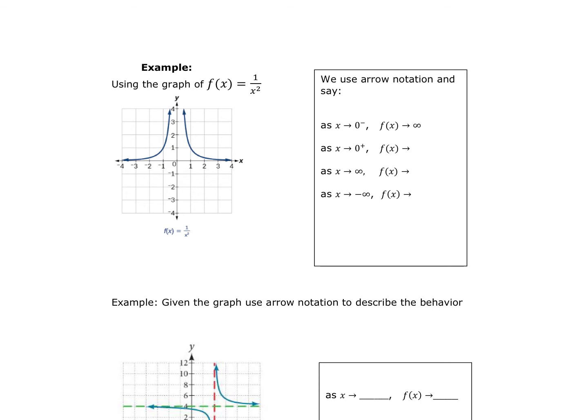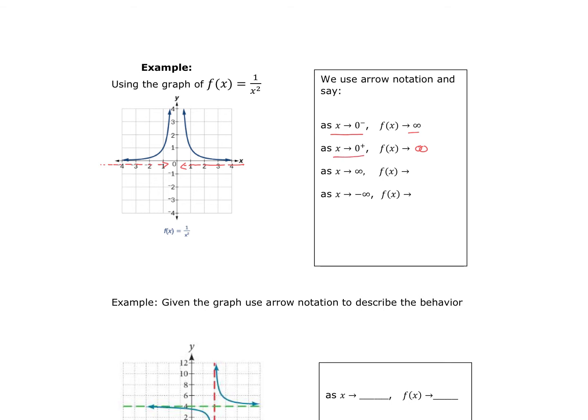So as we approach 0 from the negative side, with our x's, we notice that our function is growing without bound. As we approach from the right-hand side, we also notice that our function values are growing without bound.